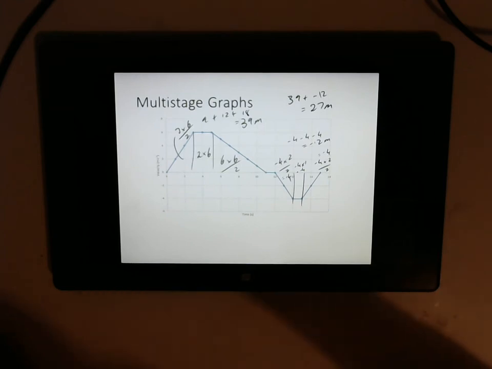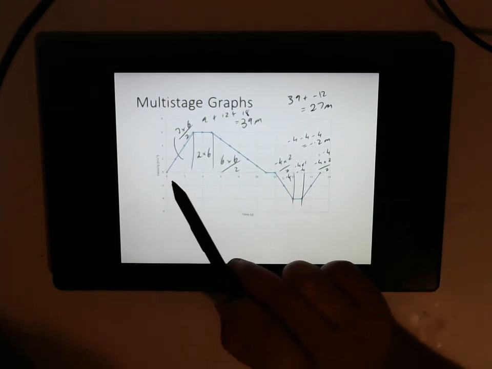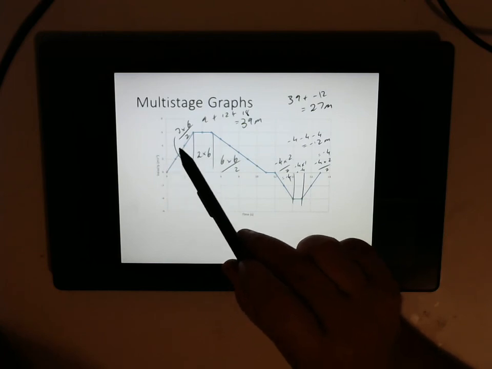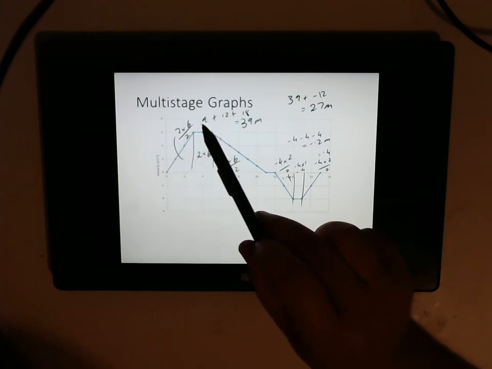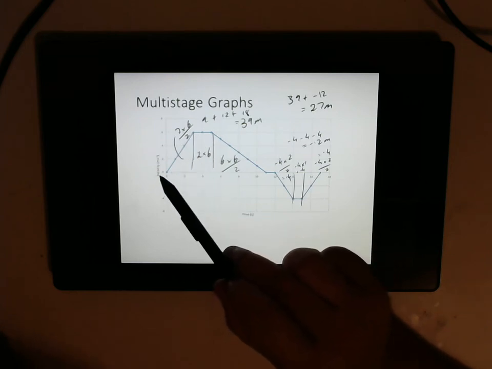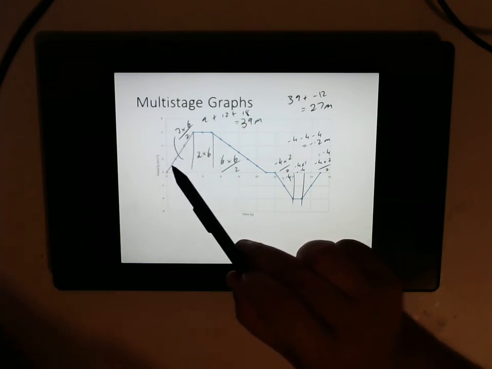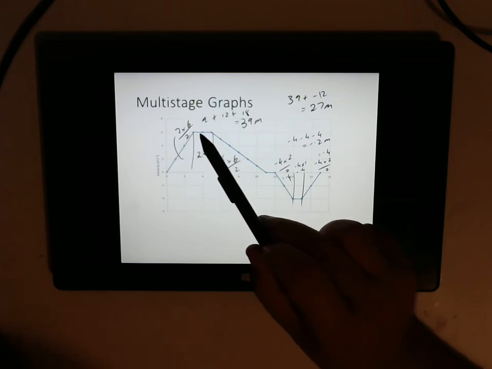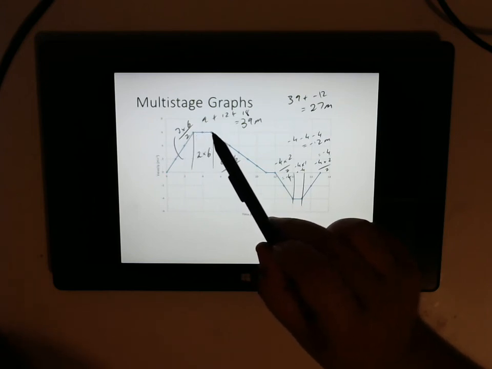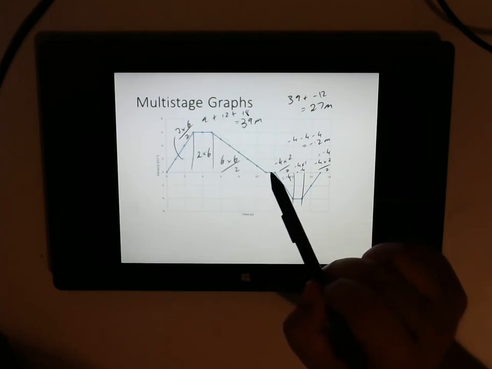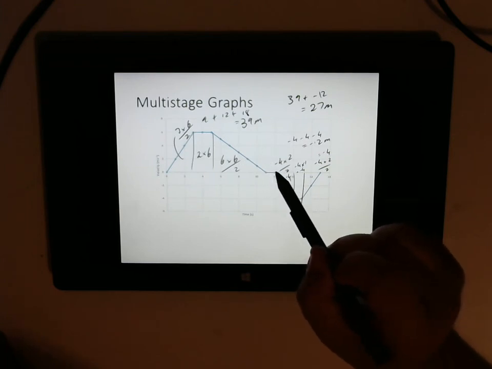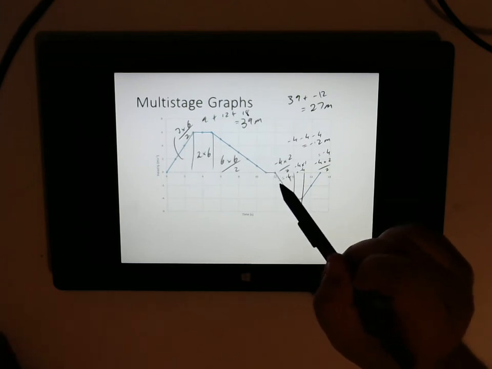Okay, so if we look at the story of this, we can go, well, he started going at a constant velocity and he ended up going 9 meters. Then he started constant acceleration, getting faster and faster, and he went 9 meters. Then here he went at the constant velocity, so then he went another 12 meters. Then he slowed down over 5 seconds and went 18 meters during that time. Then he was stopped for a second, then started going backwards.